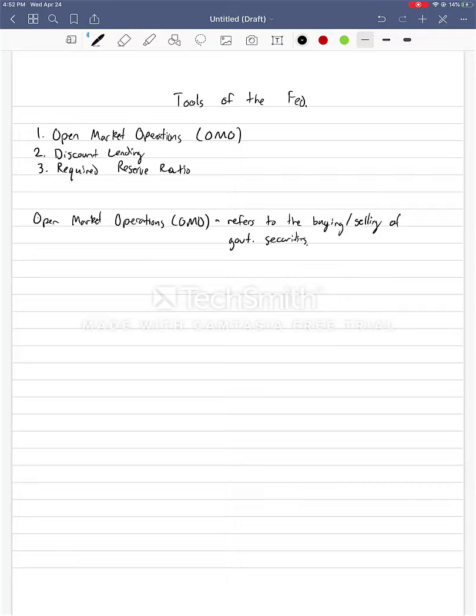So when the Fed wants to increase the money supply, it buys securities.